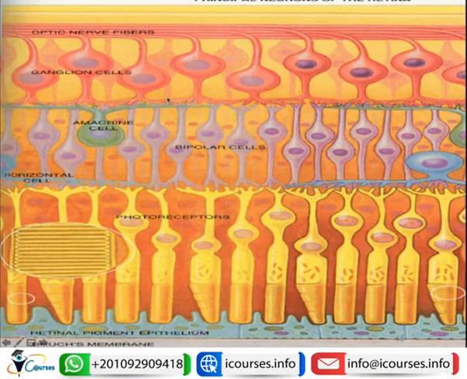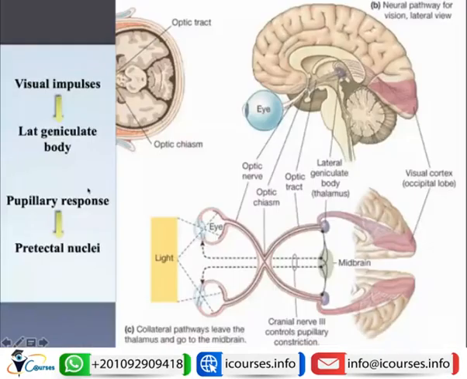So again, here are the ganglion cells, with their nuclei in the ganglion cell layer. Their dendrites synapse with the amacrine cells and the bipolar cells, and their fibers extend to form the nerve fiber layer of the optic nerve, which emerges from the whole retina to arise from the optic disc and leave the eye through the optic nerve.